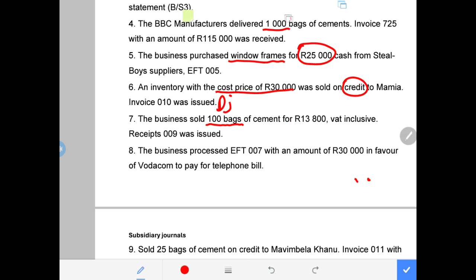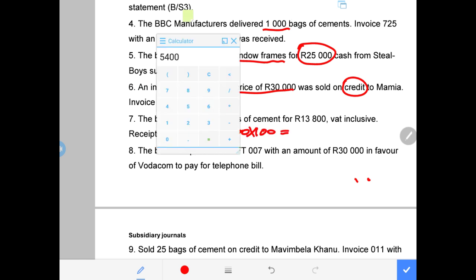Now I want to verify whether this 13,800 is correct. Remember, the cost per bag is 100 rand times 100. I want to know the cost first. 100 times 100 gives us 10,000.